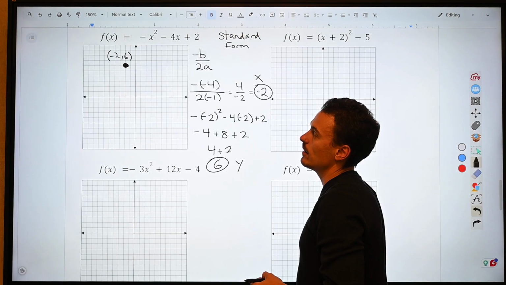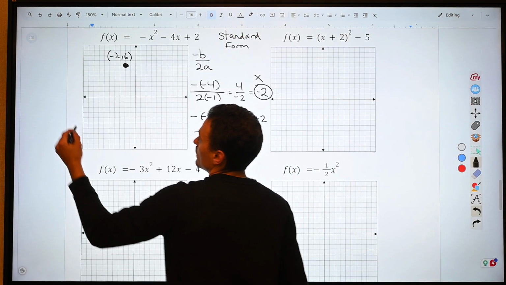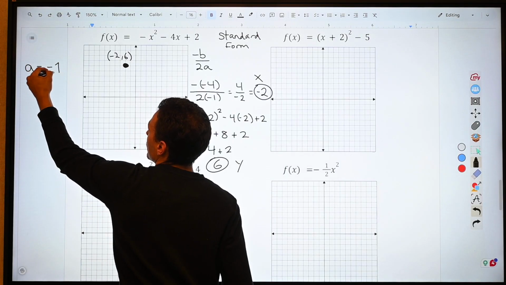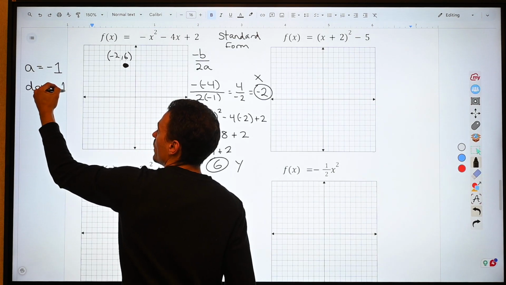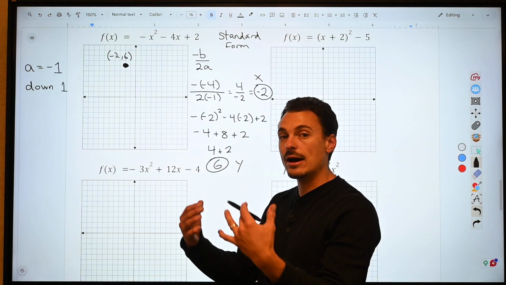And then our a value is a negative. So I'm going to teach real quickly about this a value. If the a value is negative 1, then the growth of your parabola will be down.